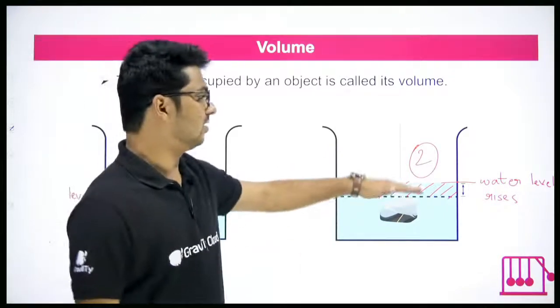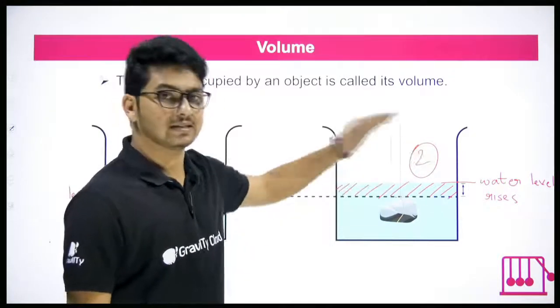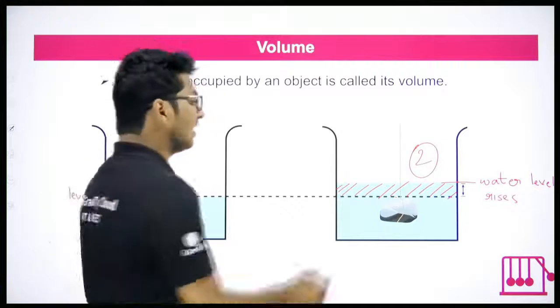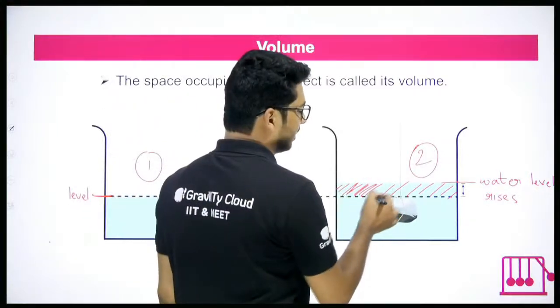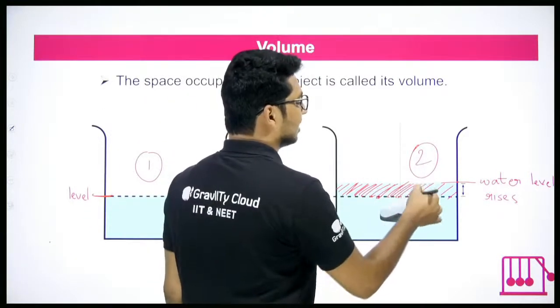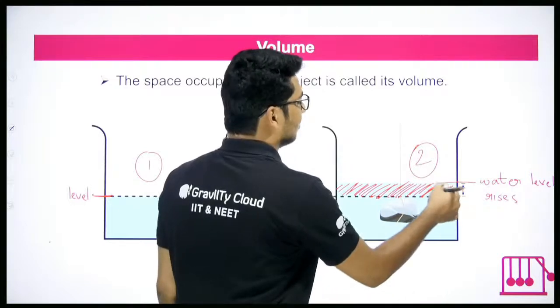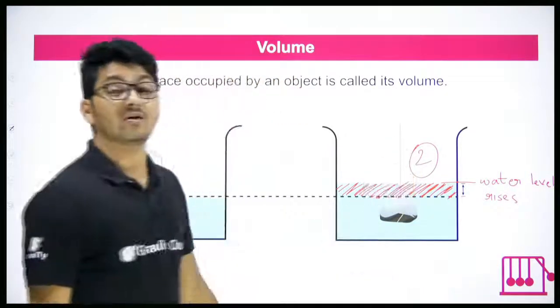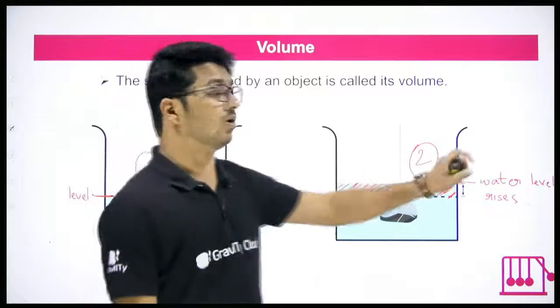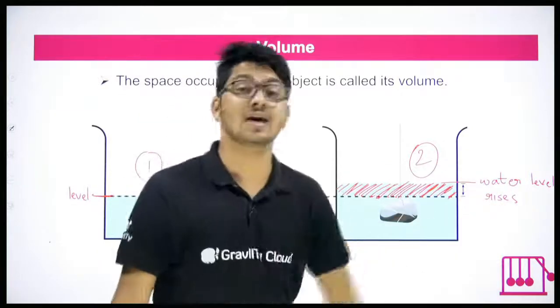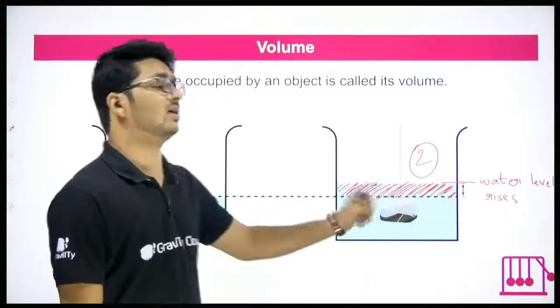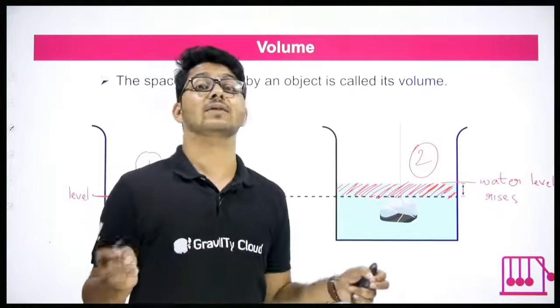In the second case, the water level has risen. That means the extra space occupied by water comes from the volume of the stone. So this extra volume is nothing but the space occupied by the stone.